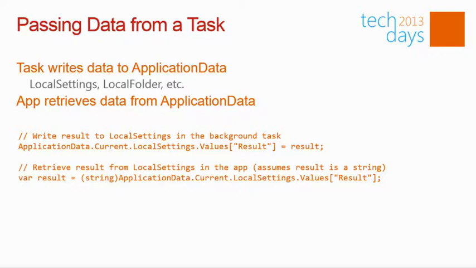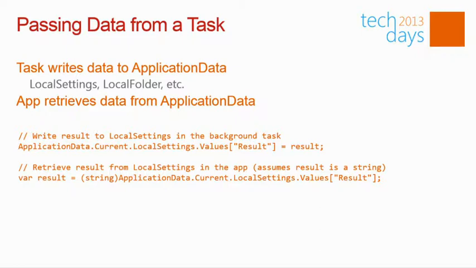So what if in your background task, you're doing some work, maybe it's computational work, maybe it's something else, but the next time your app starts up, you'd like to have the results of those computations available so that you can display them to the user. For that, you use application data. Now, application data is a whole other subject in Windows 8. Some of you have probably dealt with it, some of you have not. Application data is essentially a set of private data stores, private to each Windows Store app, where data can be written and persisted.